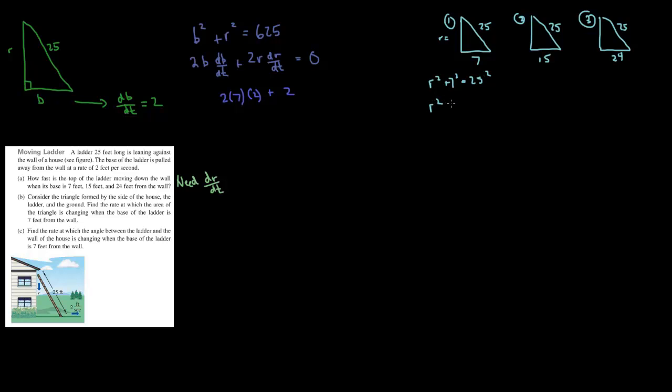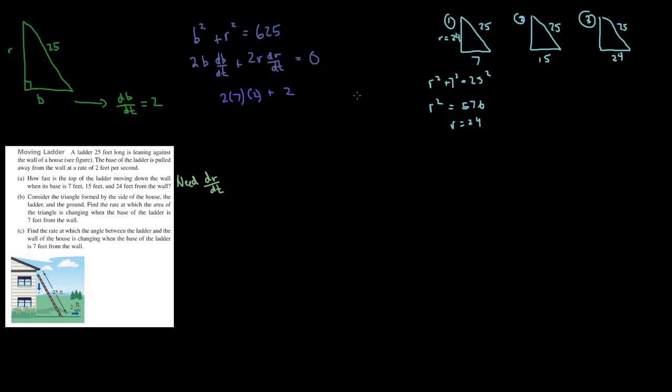So r squared equals 625 minus 49, which is 576. So r was 24. So r equals 24 in this specific case.